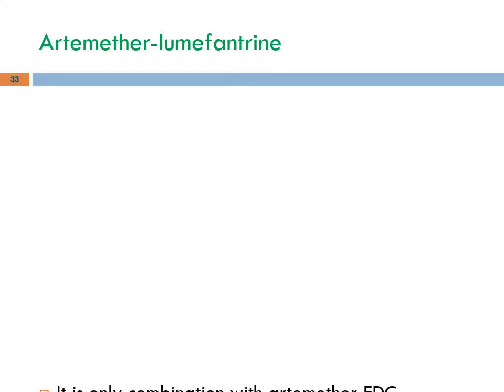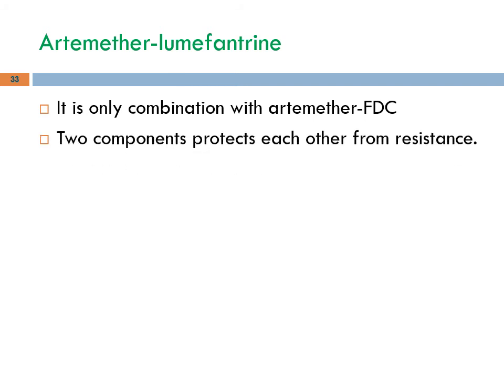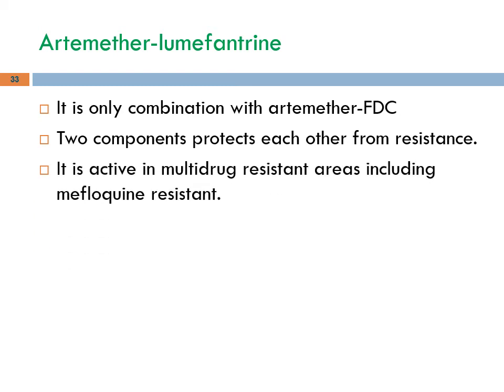Artemether lumefantrine is the only combination with artemether. In other ACTs, artesunate is combined with the other drug. The two components, artemether and lumefantrine, protect each other from development of resistance. It is active in multi-drug resistant areas including mefloquine resistance.